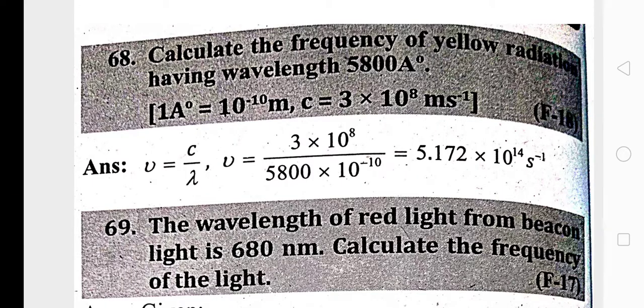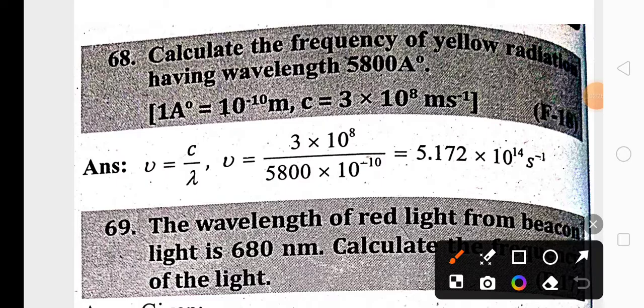Next, numericals related to wavelength, velocity and frequency are very important. Calculate the frequency of yellow radiation whose wavelength is 5800 Angstrom. So we need to convert Angstrom into meter. They have given 1 Angstrom is equal to 10 to the power of minus 10 meter and velocity is 3 into 10 to the power of 8 meter per second.